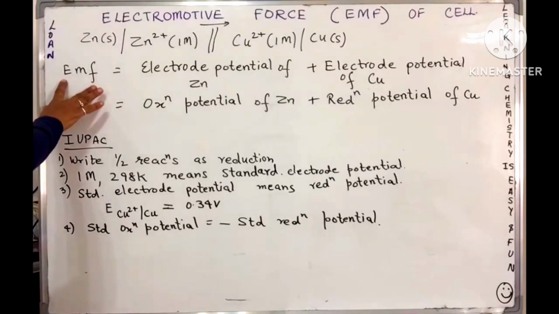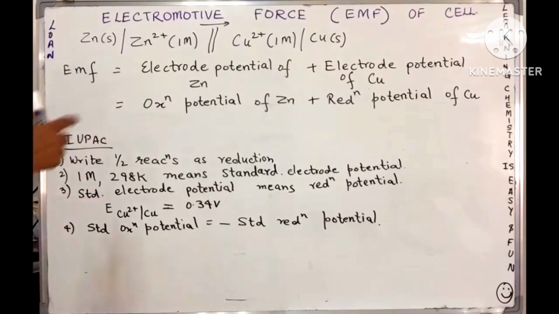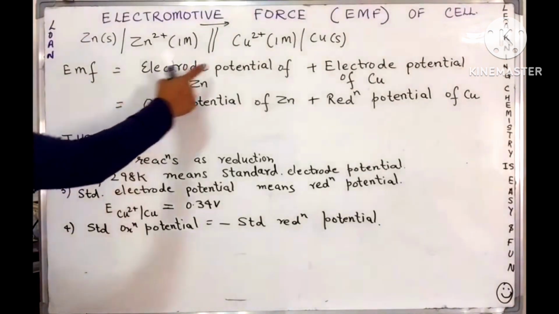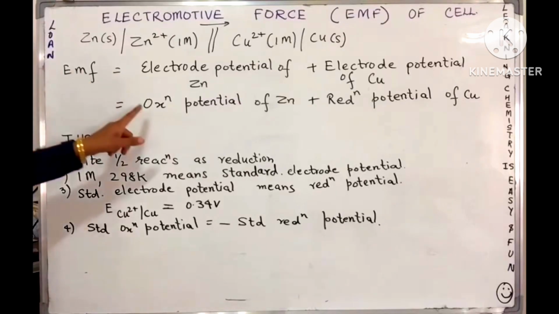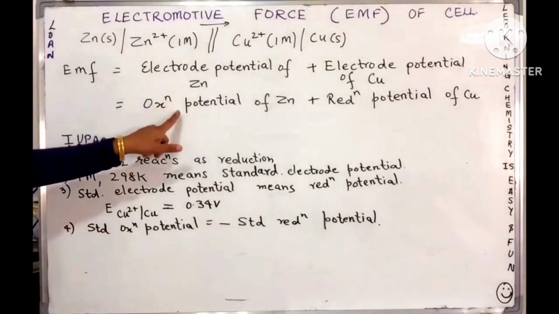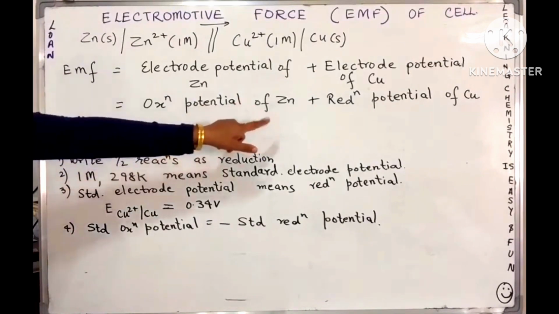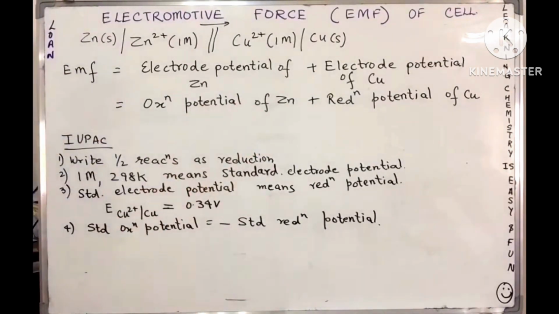So the total EMF of this cell is electrode potential of zinc plus the electrode potential of copper. Now we used push and pull. What is the push over here? It's the oxidation potential of zinc. The push of zinc to push away the electrons from it is called the oxidation potential.